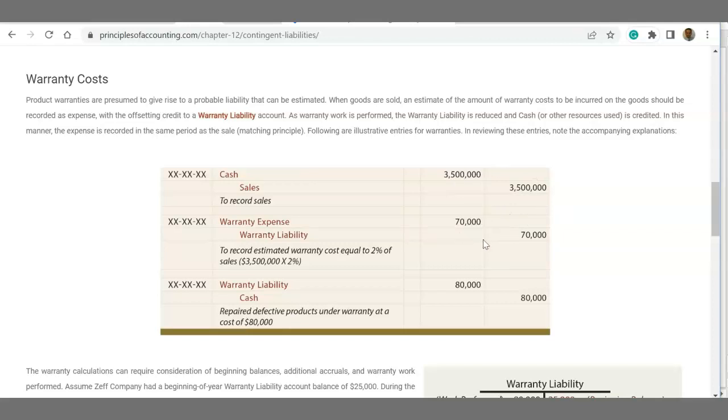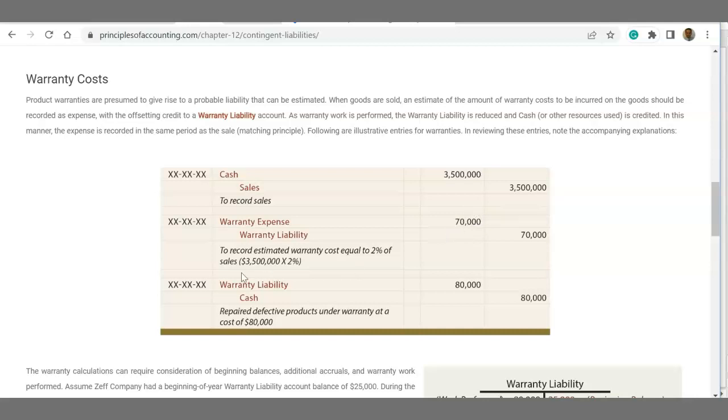But at the end of the year, they need to estimate how much of these sales might end up in a warranty expense, because they have to fix something and buy parts and fix it and return it to customers. So those types of warranties need to be estimated.